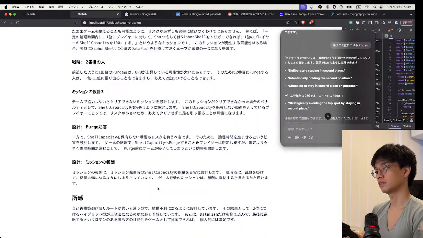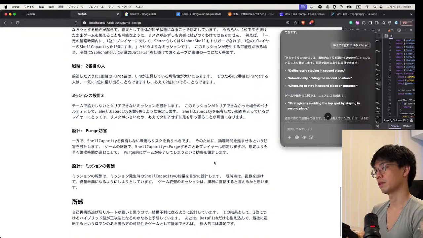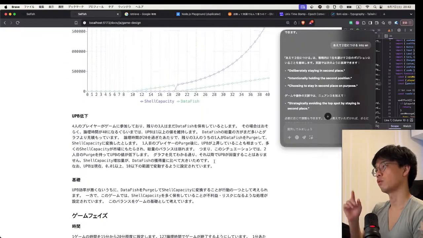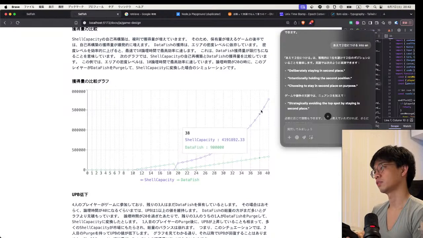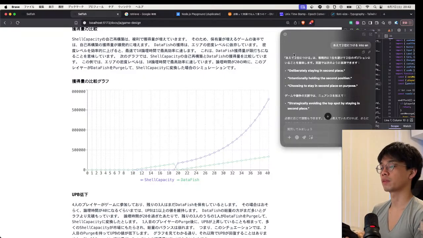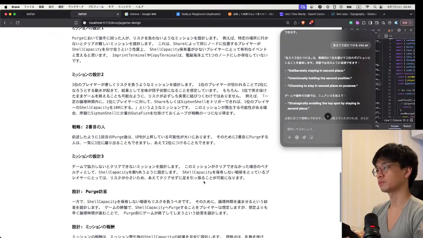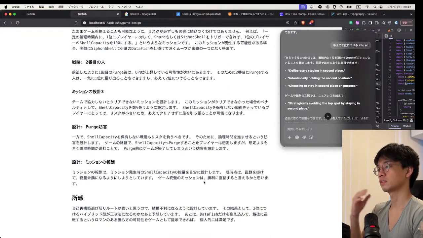So it means for a mission at the end phase of the game, the reward is so high because, as you can see, the end of the game is going up so steeply. The reward amount is so high that the mission leads to victory.